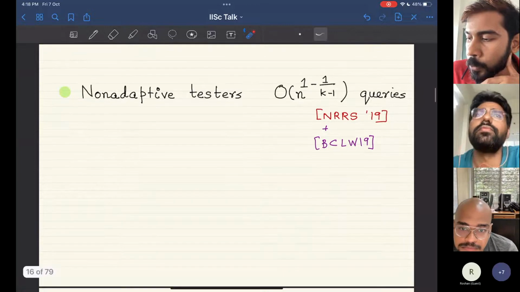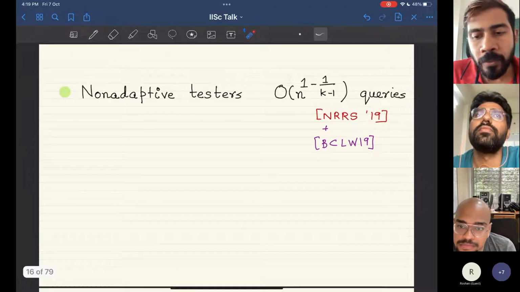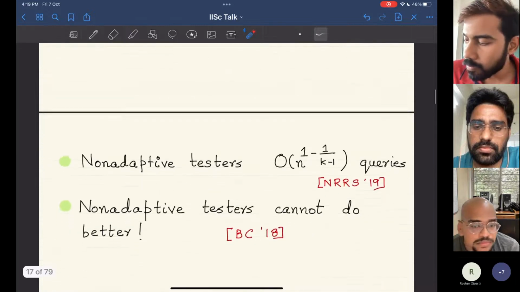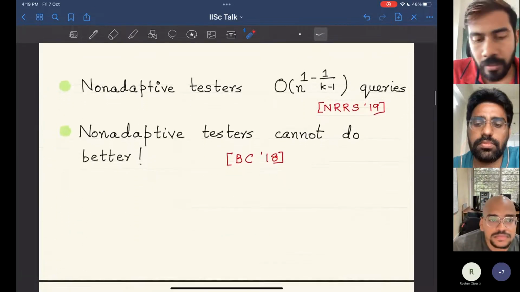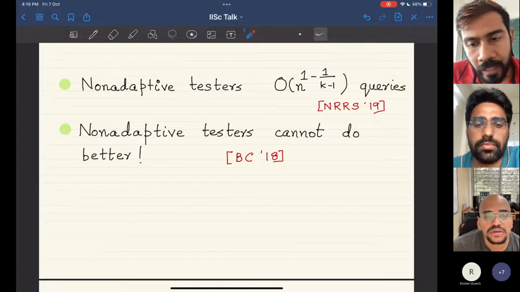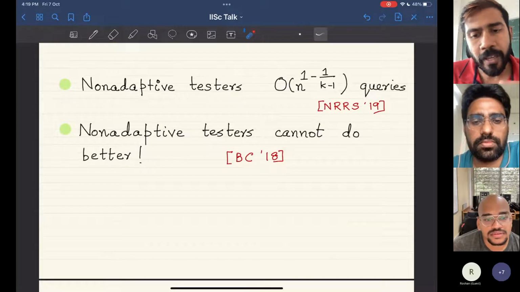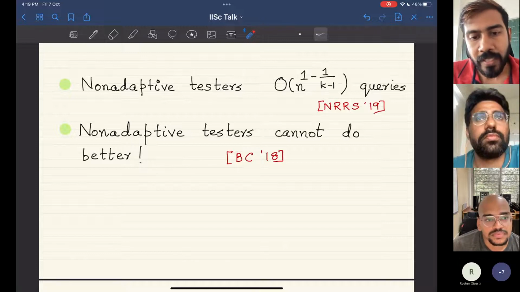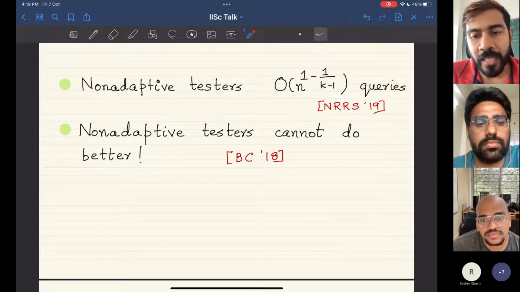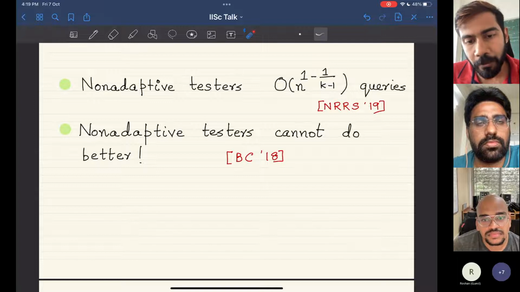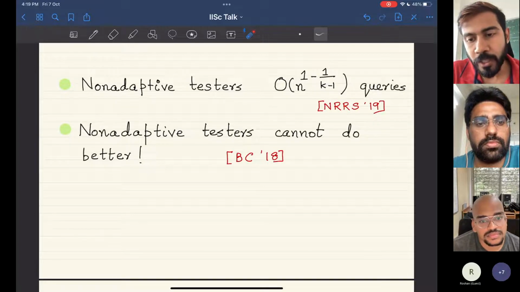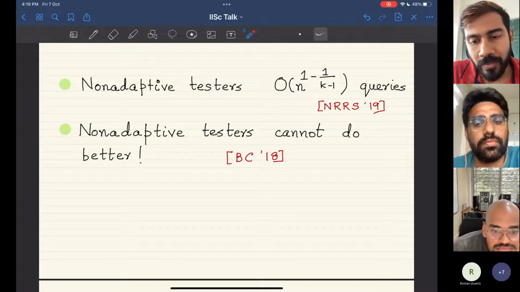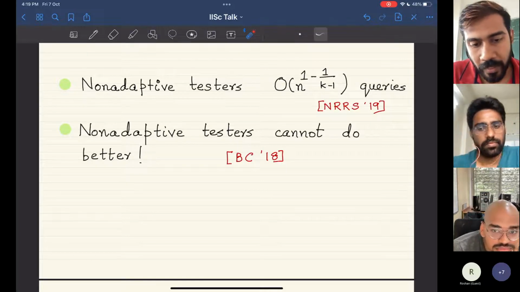And it was also shown that you cannot really do any better for non-adaptive testing. That is, for every k, there is a family of permutations of length k such that every non-adaptive tester testing for pi-freeness for permutations from that family has to make omega of n to the 1 minus 1 over k queries.